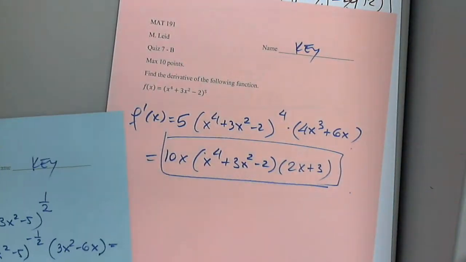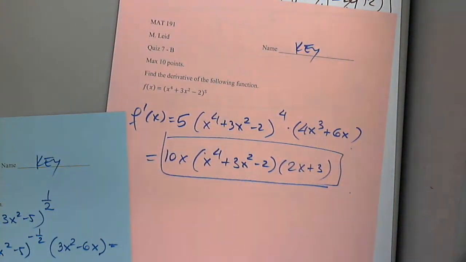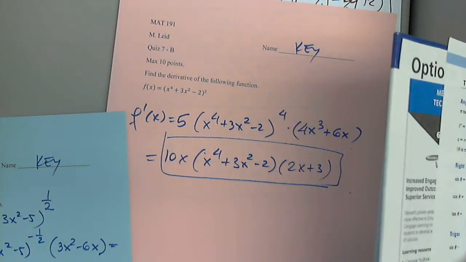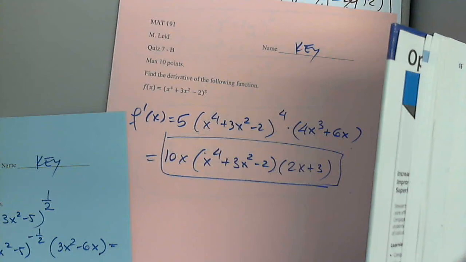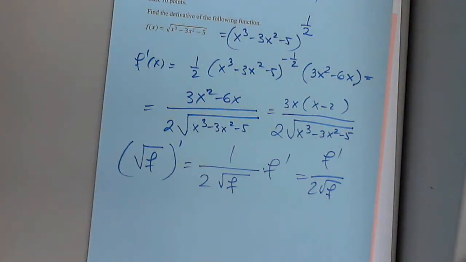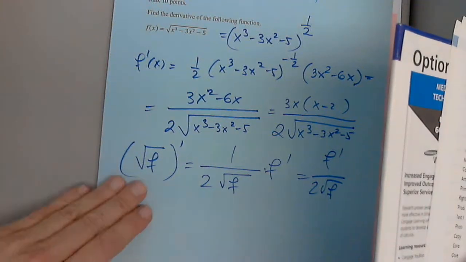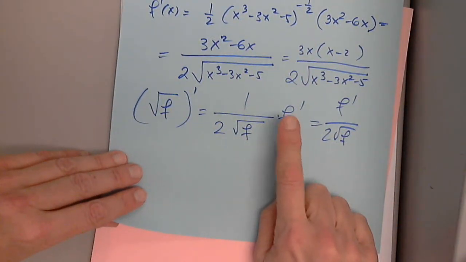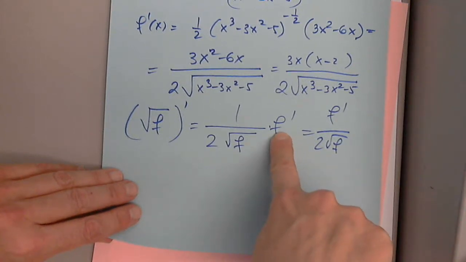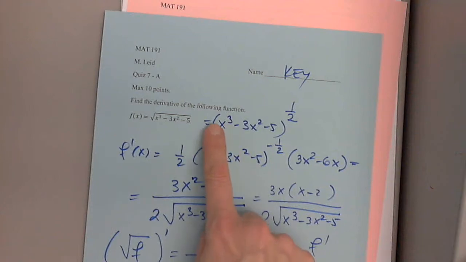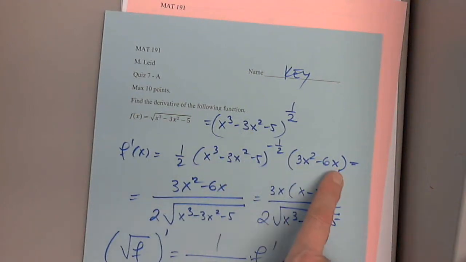Questions for me? Okay, so let's go back where we, yes, please, Vanessa? I'm not really sure how we got the 3x squared minus 6x on that second one. There's this piece, 3x squared minus 6x.